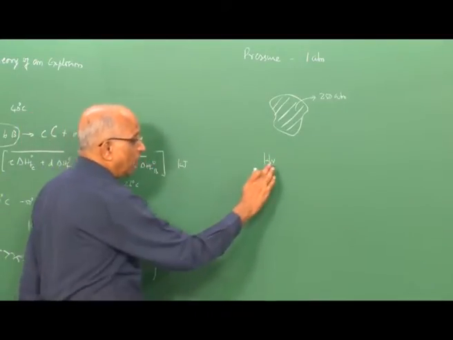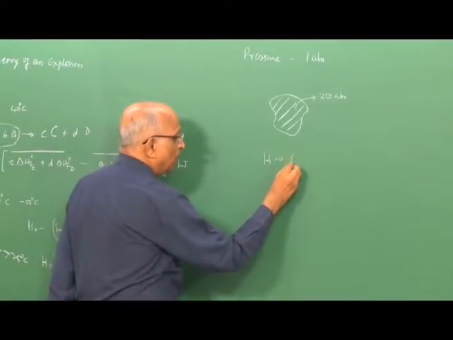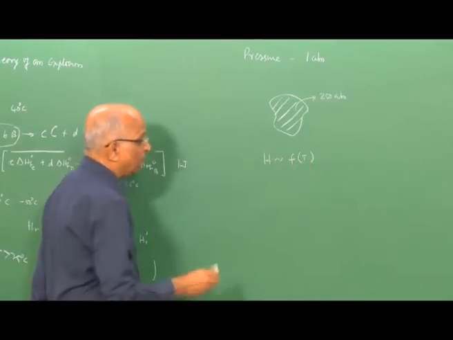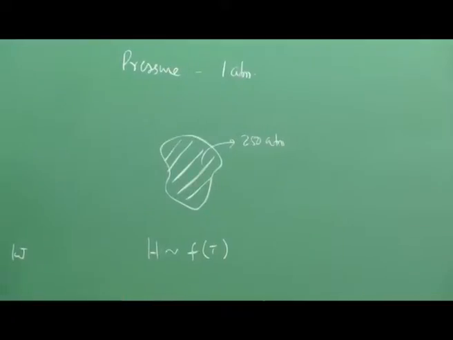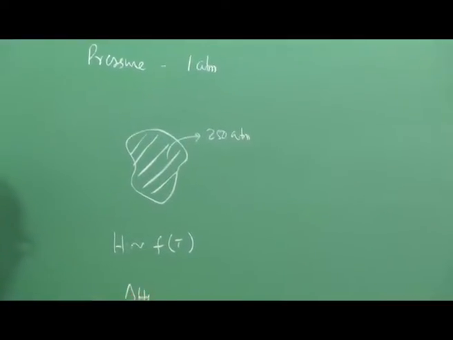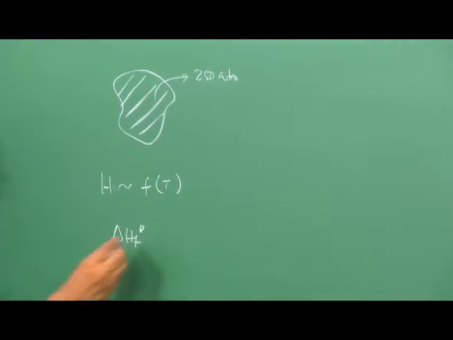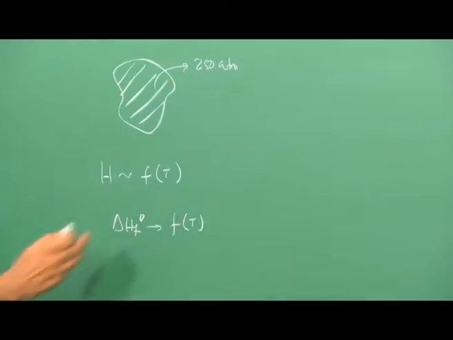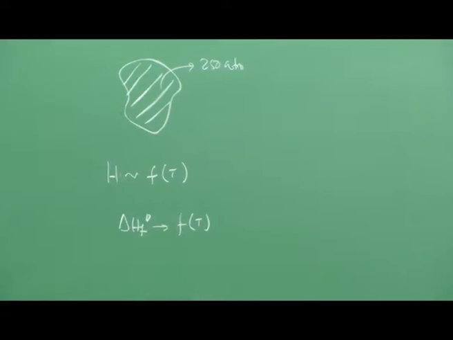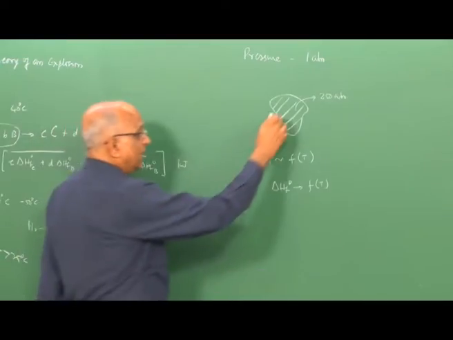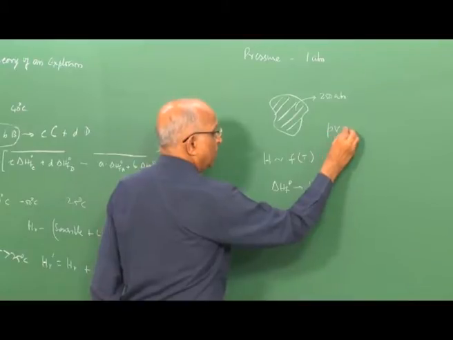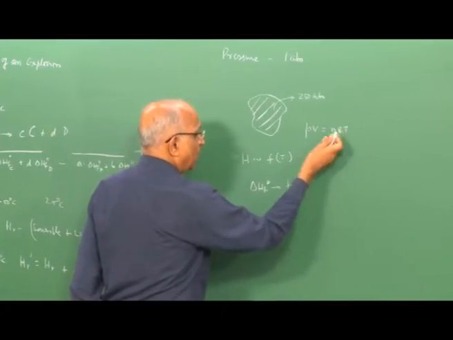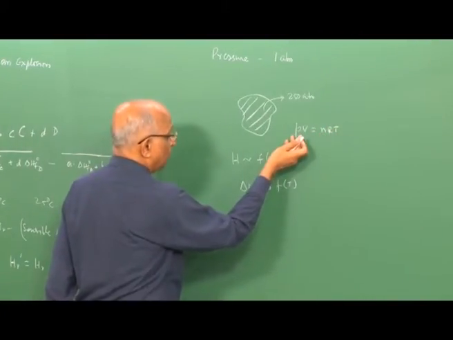thermodynamics, the enthalpy is only a function of temperature for an ideal gas. Therefore, pressure will not really influence it, and the heat of formation, what we are calculating, is only a function of temperature. But we must also remember, when I increase the pressure, I am talking of PV = nRT, and therefore the moles are directly proportional to the pressure.